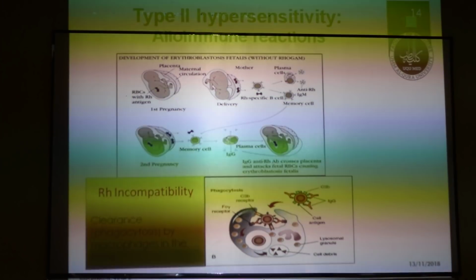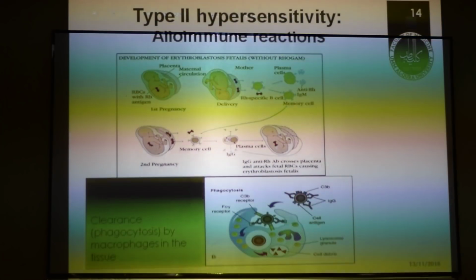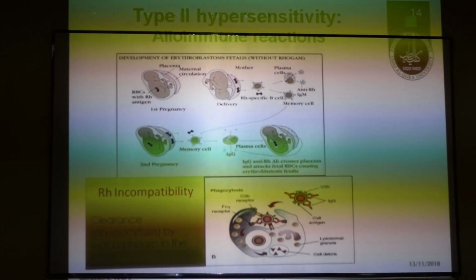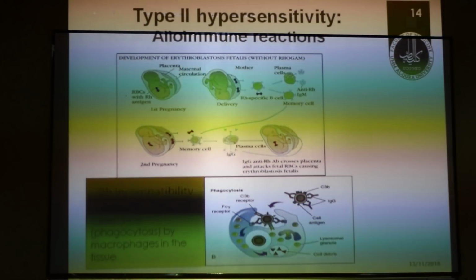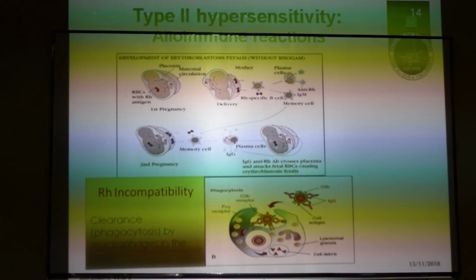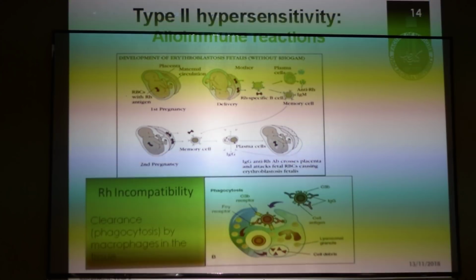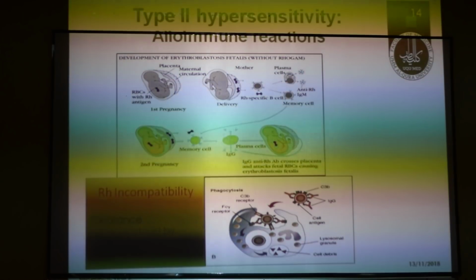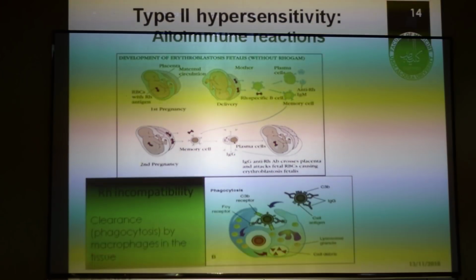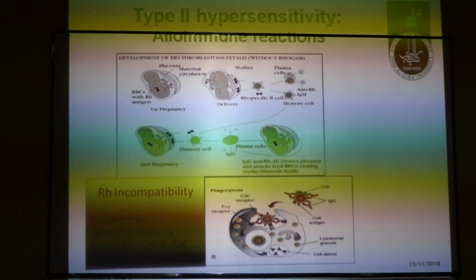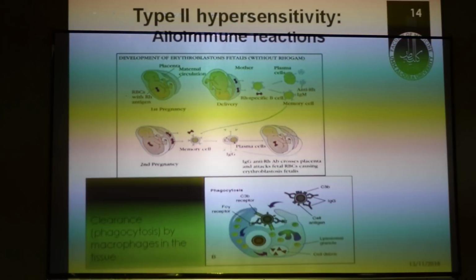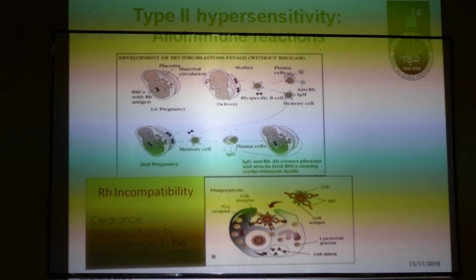So does this response occur during the pregnancy or at the time of birth? At the end of pregnancy when the baby is delivered, that time the exposure takes place, and later after the birth the mother is going to produce antibodies. Then in the second pregnancy IgGs are already present, they will seep in and cause response or damage.